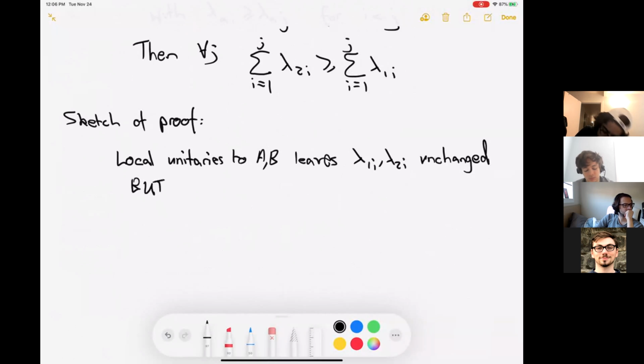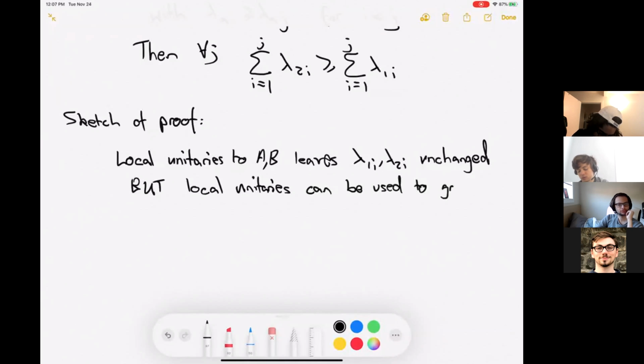But this is the only constraint on what you can do with local unitaries. We can use local unitaries to go between any pair of states with the same set of eigenvalues lambda i.